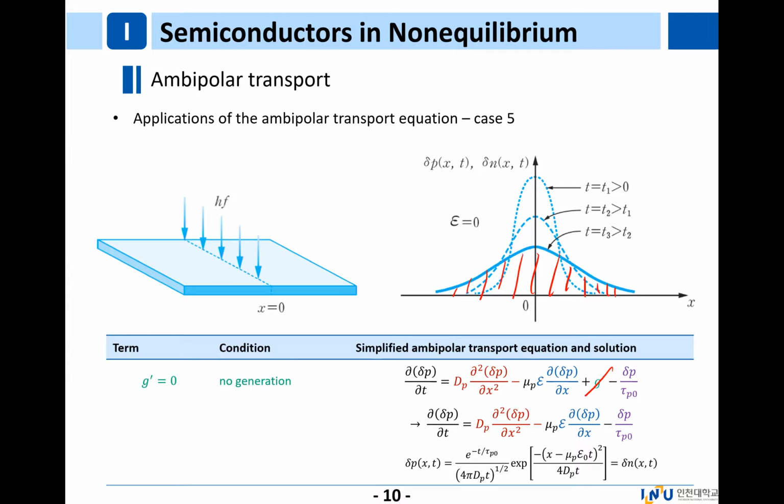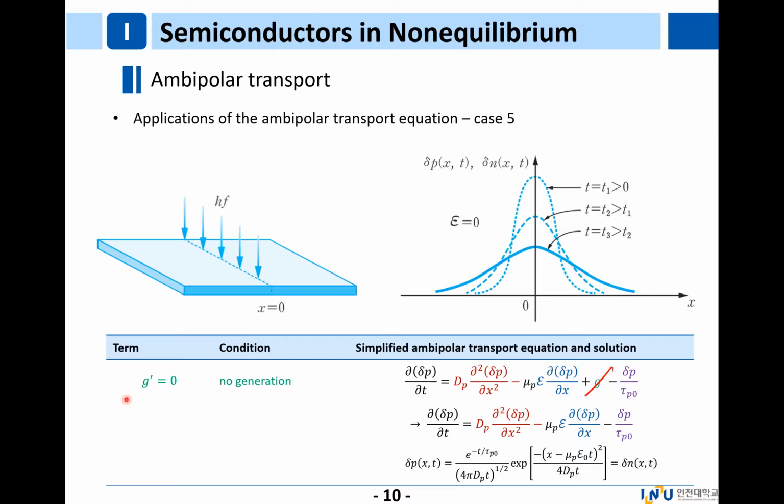However, in reality, over time, excess carriers will diffuse and simultaneously undergo recombination, gradually leading to their extinction, and the final concentration will become 0.